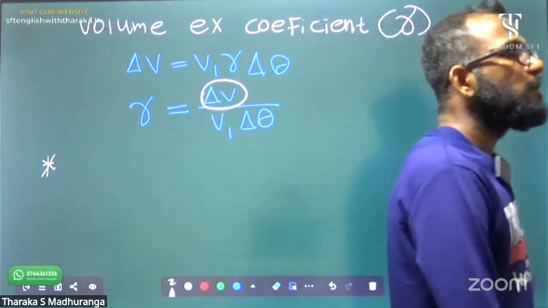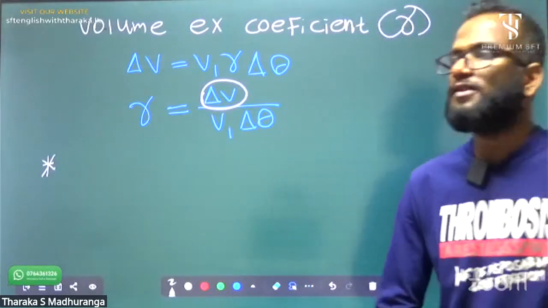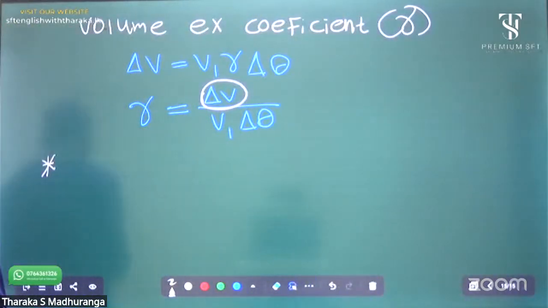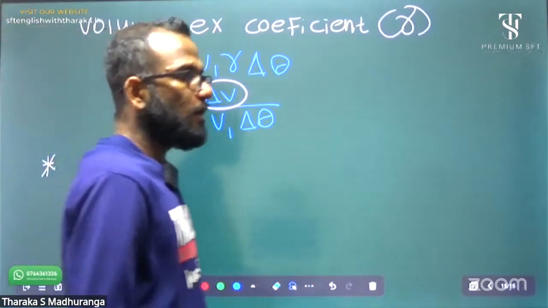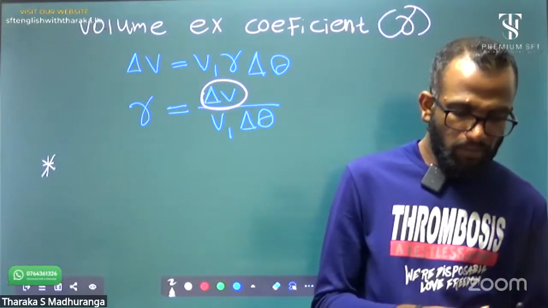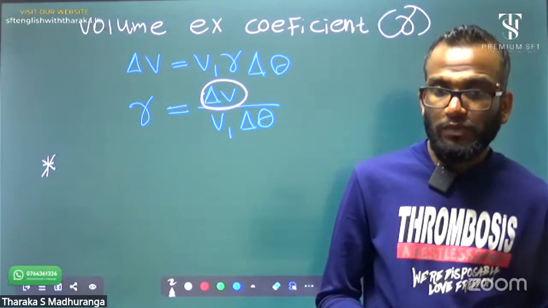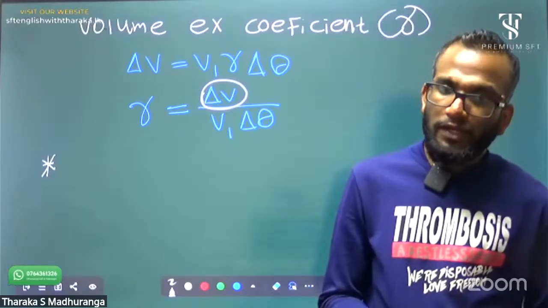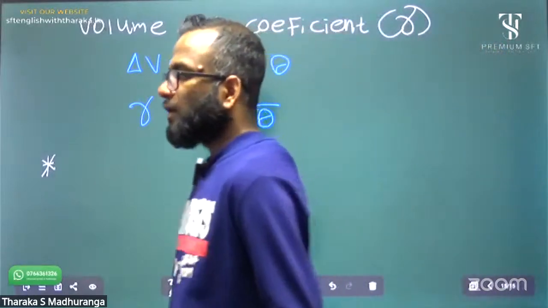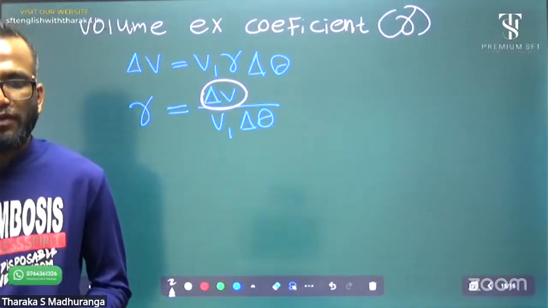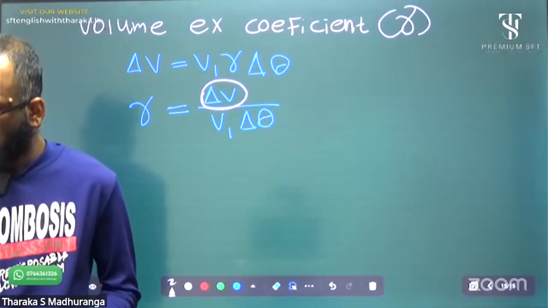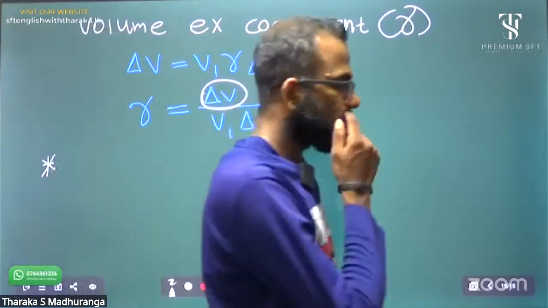Final point, third point: for any substance, gamma, the volume expansion coefficient, is equal to 3 times the linear expansion coefficient, that means alpha.